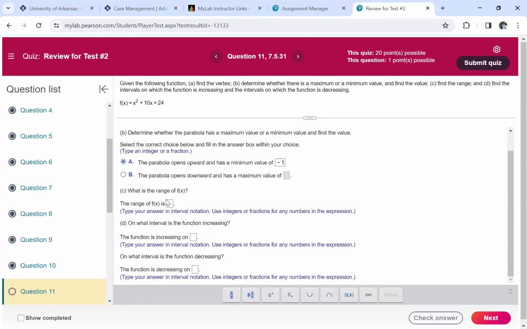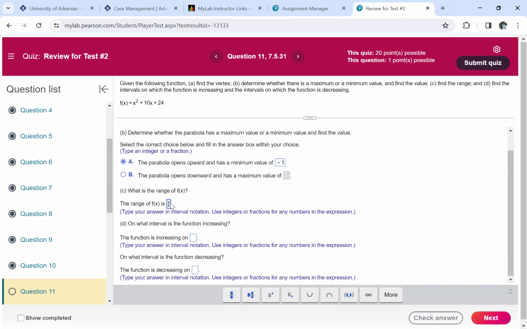Now it says, what is the range? Well, since this opens up, the range will be from that -1 upward. And remember, if it's going up, it's headed towards positive infinity. But now on the range, we got to use brackets. So where's a bracket on my computer?